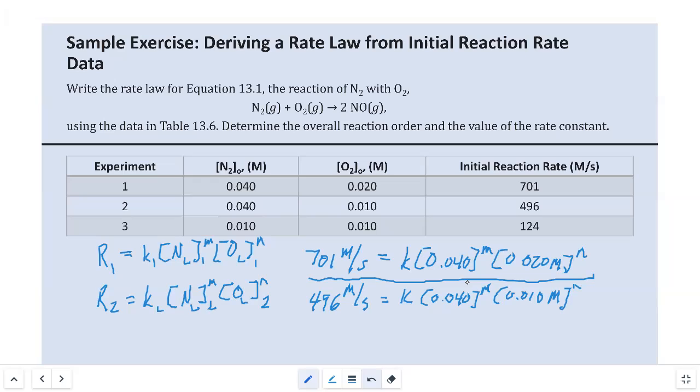I left it out for reasons that will become hopefully a little bit obvious here in a second. So on this side of the equal sign, I've got 701 divided by 496. The molars per second cancel out. The units are the same on both sides. 701 divided by 496 is 1.41.